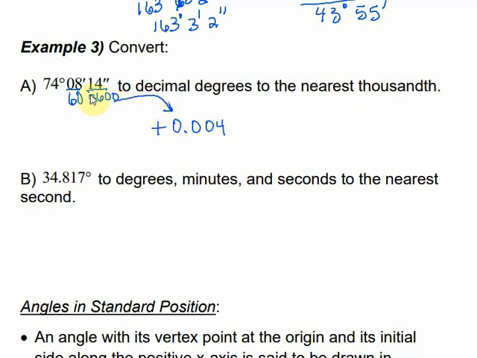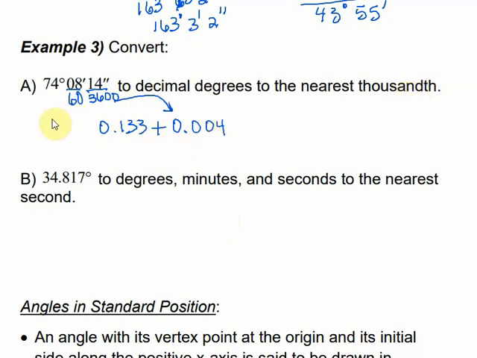Okay, and then for the minutes, when I divide by 60, I get 0.1333. So I'm doing it again to the nearest thousandths place.